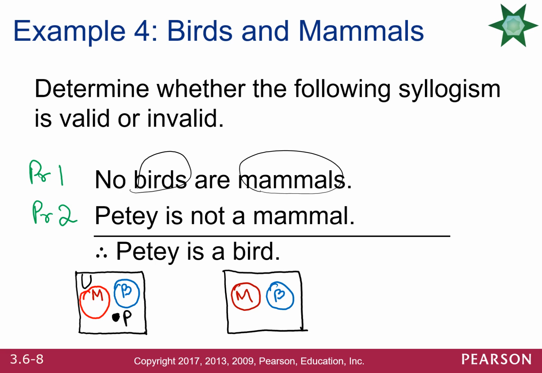That means, according to this argument, PT is going inside the circle of birds, which is not the same as what we got from the two premises, correct? So that's when we decide that this is an invalid argument. This makes it an invalid argument because these two diagrams should match in order for it to be a valid argument.